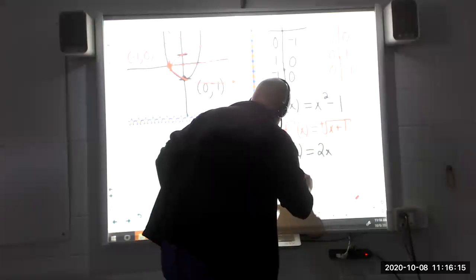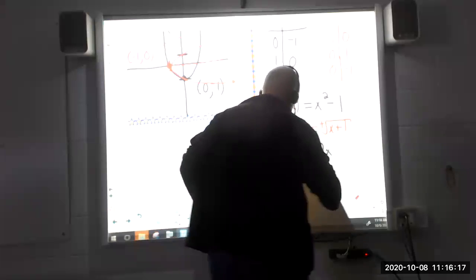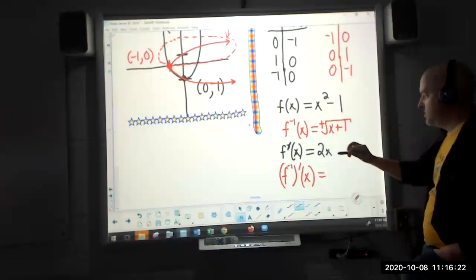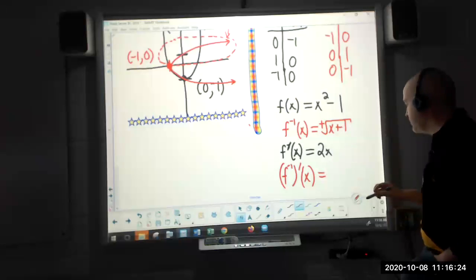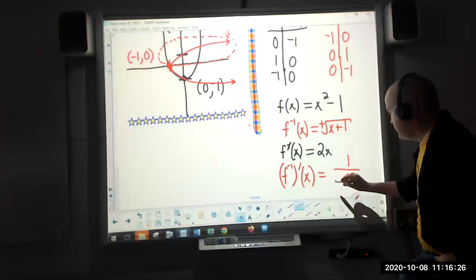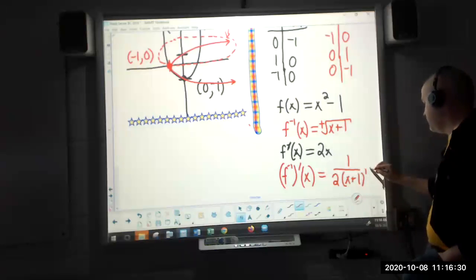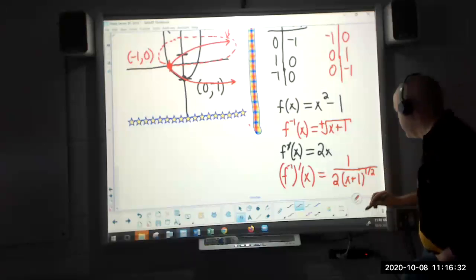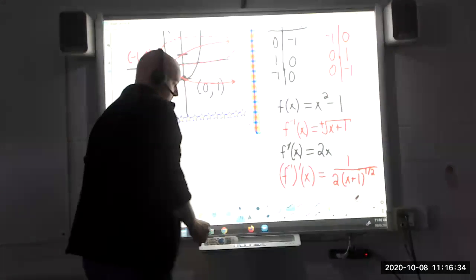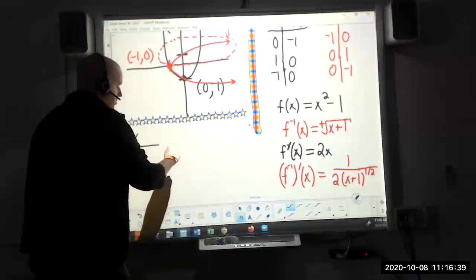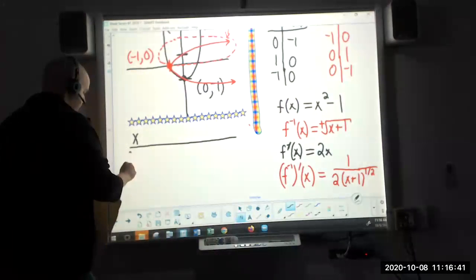F inverse prime, likewise, the slope is not going to be the same value, every single value of x. F inverse prime, I'm just going to do it and simplify it for you. Sorry if you're offended. I took away your opportunity to take a derivative. But we don't want to take all that time.